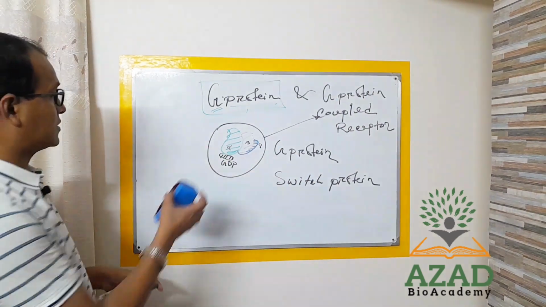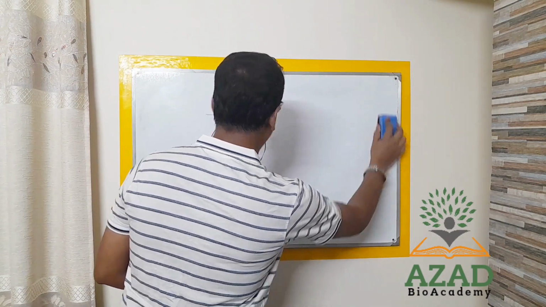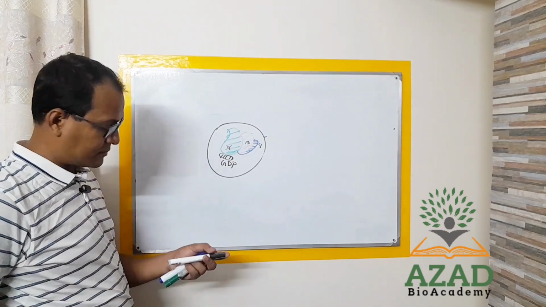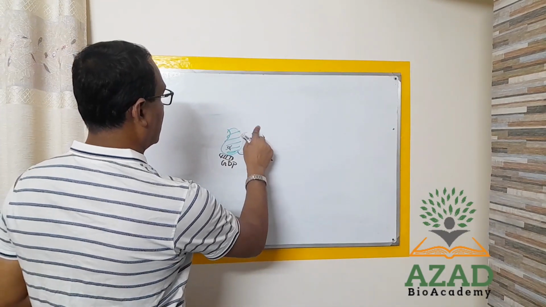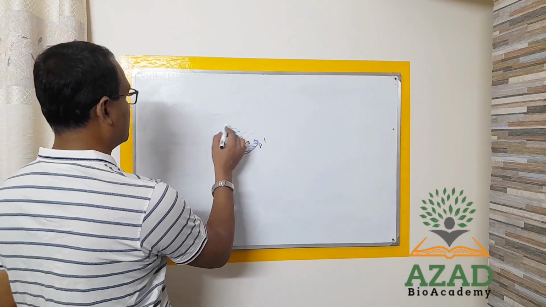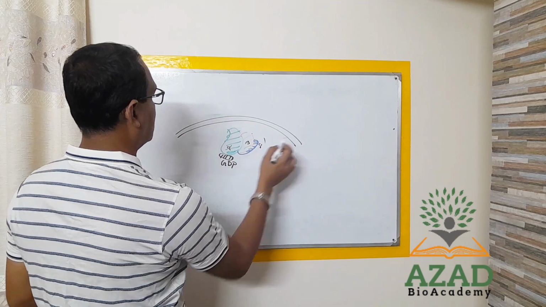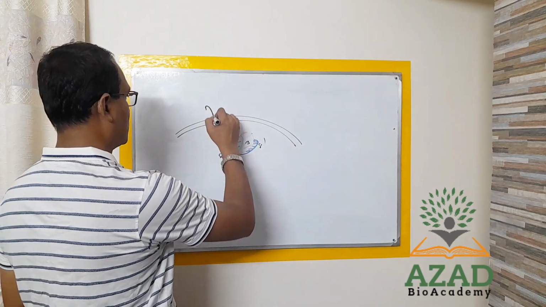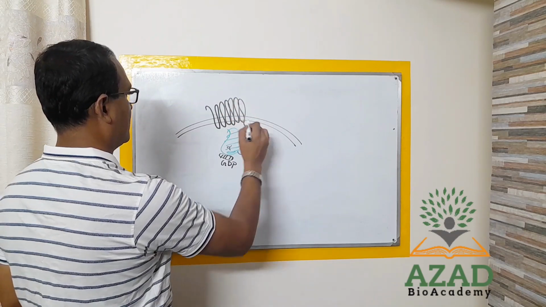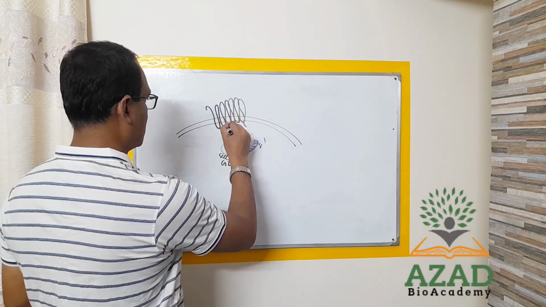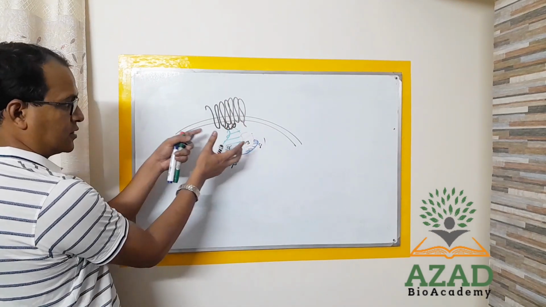This is the G protein. I have already drawn the figure, so I will just attach it. Suppose this is your cell membrane, and this is one type of receptor, and this receptor is attached with the G protein.